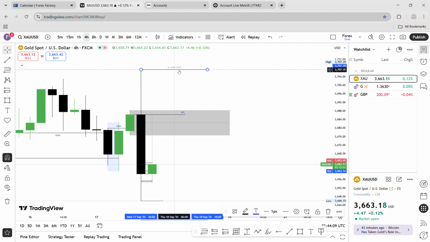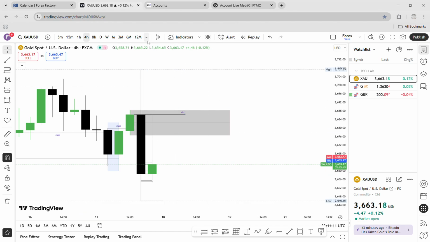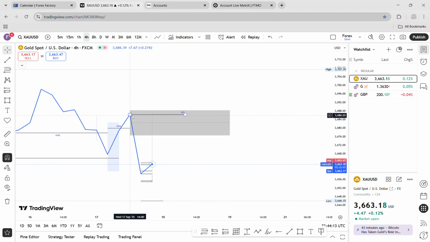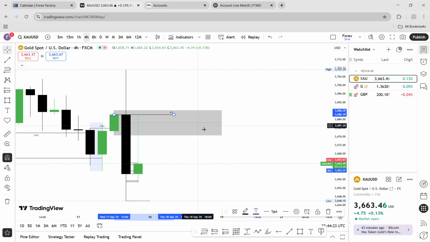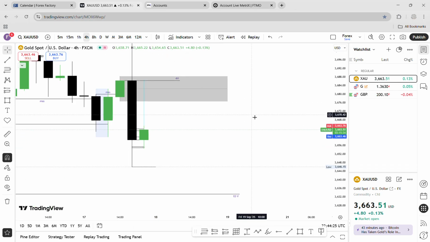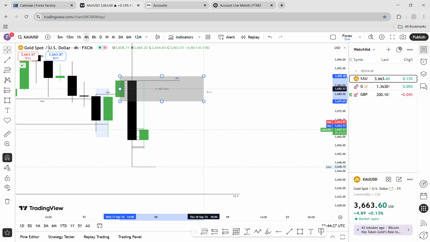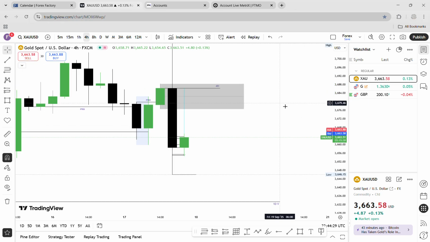If we look from the line chart right here, if we can break and close above this 4-hour high right here, you understand? Then you are not telling me that price has shifted market to the upside. For now, we are looking for selling opportunity. Do you understand? Yes, no.